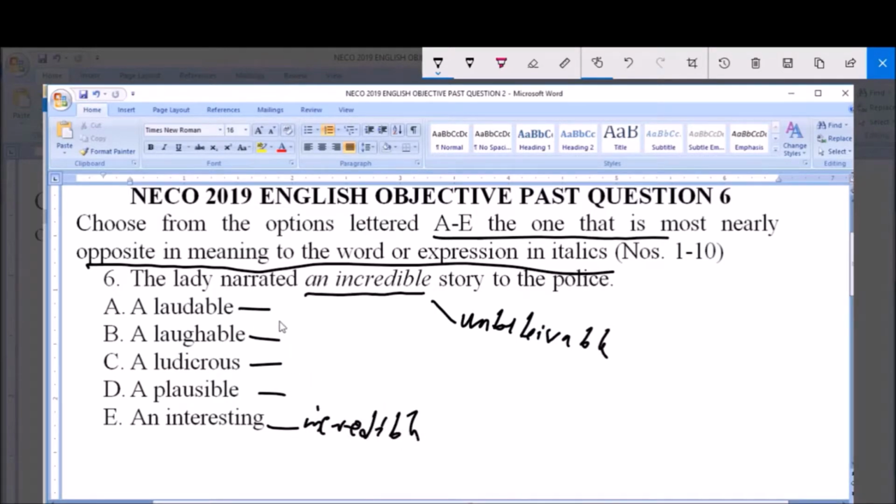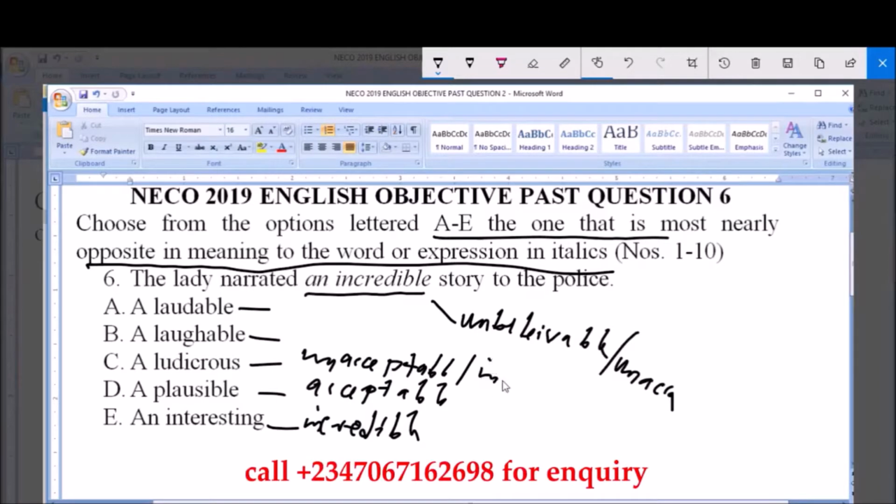And when a story is plausible, it means acceptable, and anything that is unbelievable is what? Unacceptable. So when we talk of this, we talk of unacceptable or incredible.